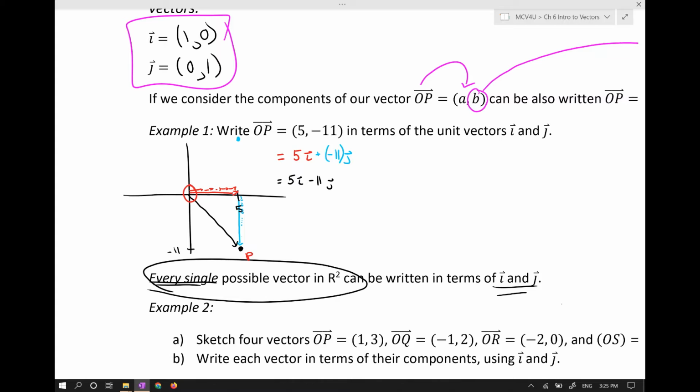We're used to already writing points in terms of an x-coordinate and a y-coordinate. Now we're just doing so using unit vectors 5 and -11. You'll see, obviously, the same values came up here, the 5 and the -11. Those were the same values that we saw when we were just working with our coordinates from the get-go.